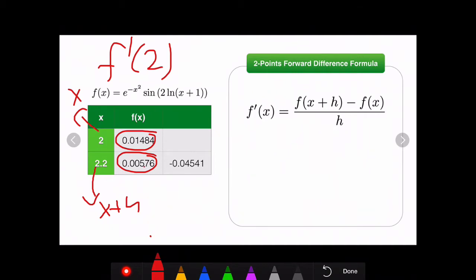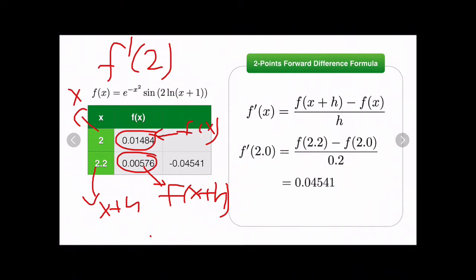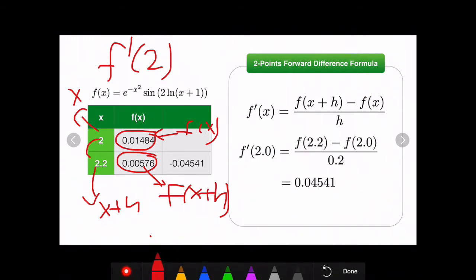This one is my value for f(x plus h), and this is my f(x) value. What I need to do is substitute the corresponding values into the formula, with h, the step size, being 0.2, and simplify, I get the answer.